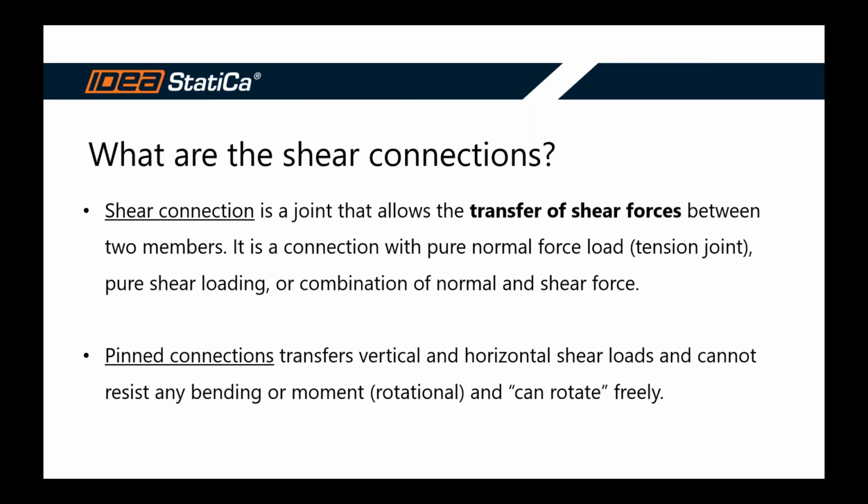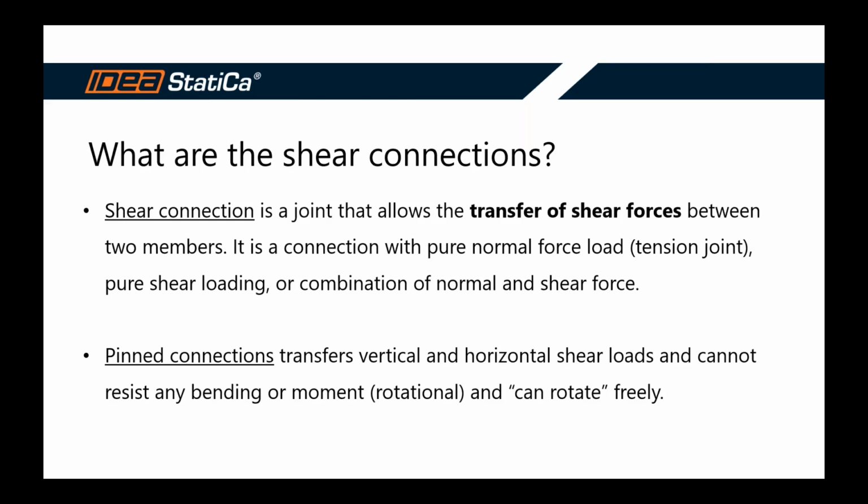So shear connections are, next to moment connections, another big group, and the typical characteristic is that they transfer the shear force only. So no bending moment or only a little bending moment.